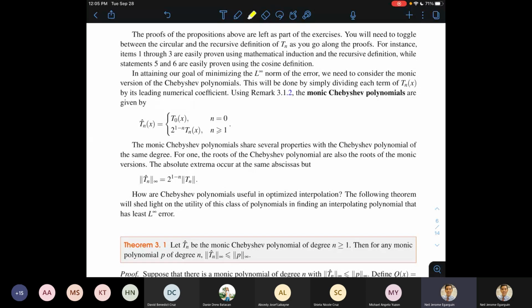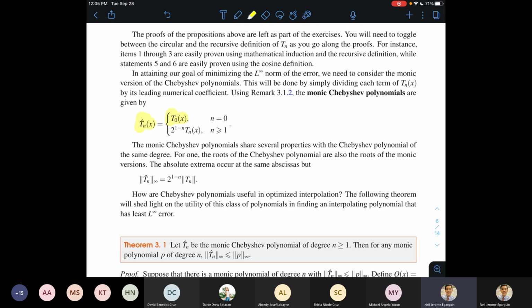So I defined a new class of functions. I call it t hat sub n. Yung mga t-hat sub n, sila lamang yung monic version ng Chebyshev polynomials. So the first monic Chebyshev polynomial is still t sub 0, which is equal to x. Okay. Actually, yung t hat sub 1 of x ay equal din kay x kasi monic na siya.